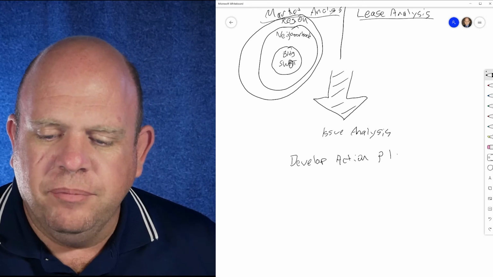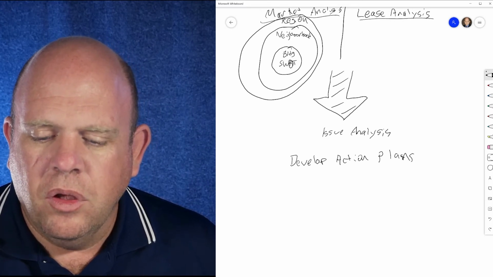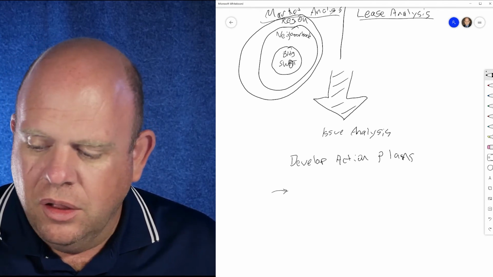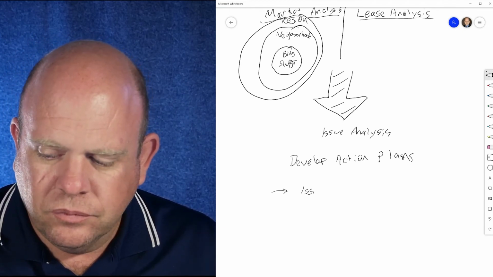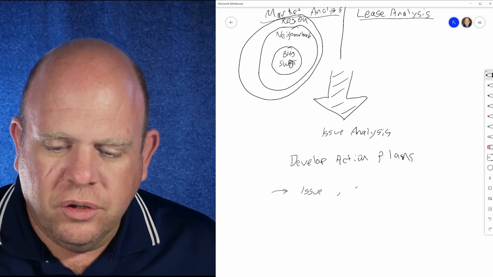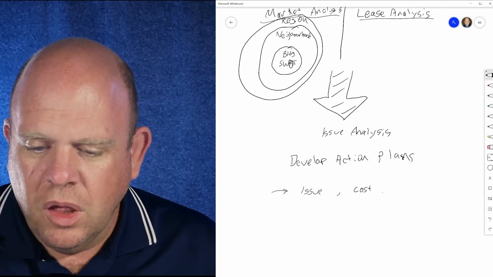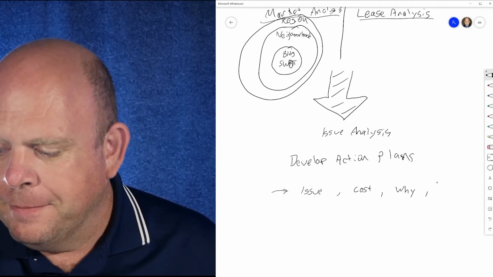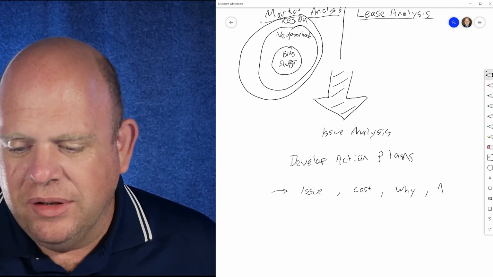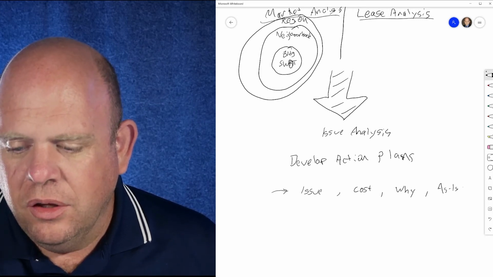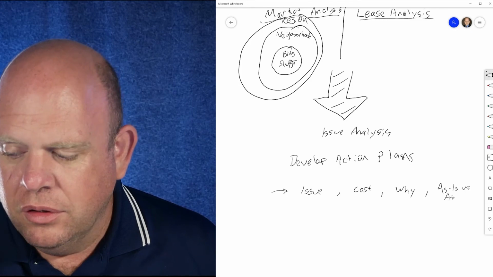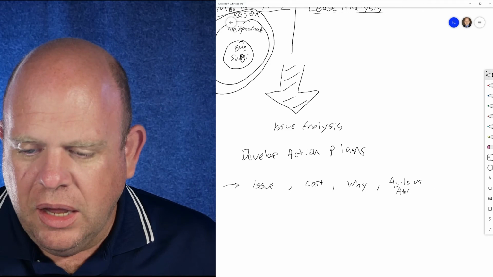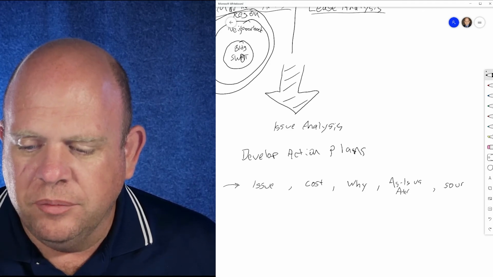And to do that, we start by listing the issue, the cost, the reason why you want to address it at all, maybe an as-is analysis versus alternatives, and what the source of funds would be.